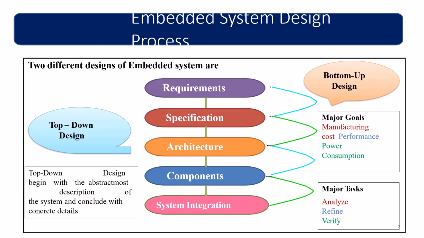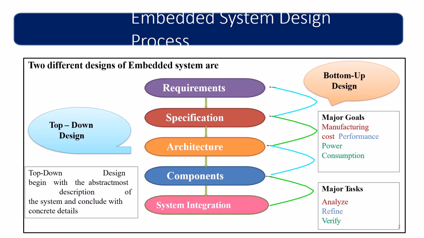Then you have to move back from the system integration, debugging in the system integration. Then you check which components will complete your task, or whether we have to change the architecture, or which specification is required for our product, and whether the product meets our requirements. If you go like this, then we can call it a bottom-up design process.